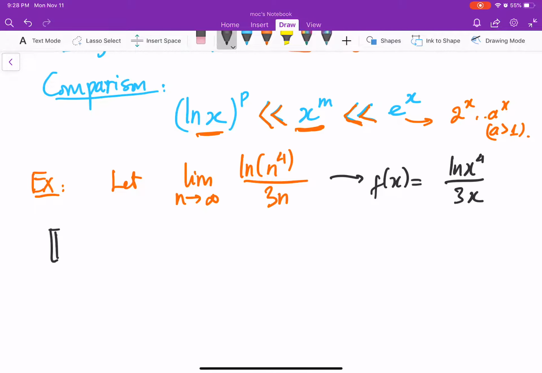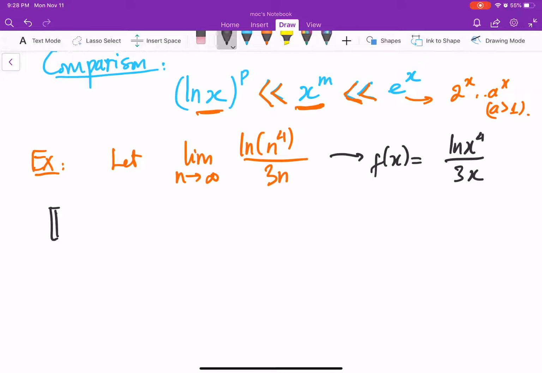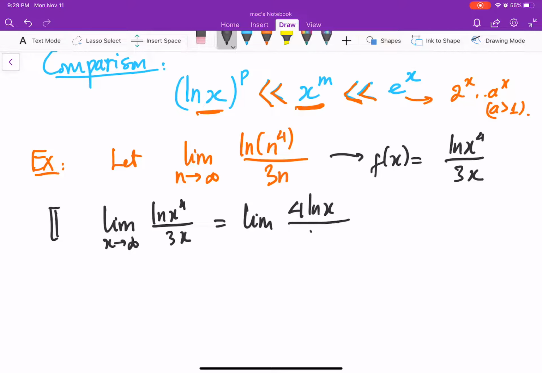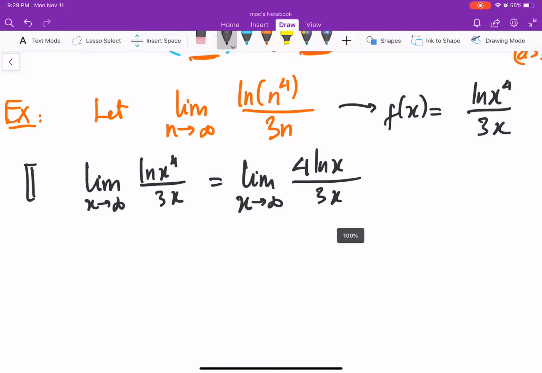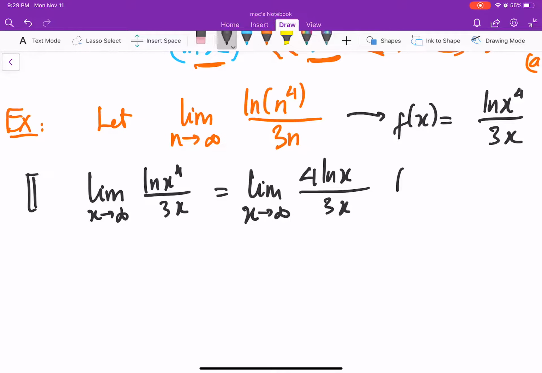We can use L'Hopital's rule for this problem, right? Let's say I need to find the limit of the function ln of x to the 4 over 3x, x approaches infinity, but ln x to the 4 just means 4 ln of x, right? And here we have 3x. When you plug infinity into this limit, you get infinity over infinity.